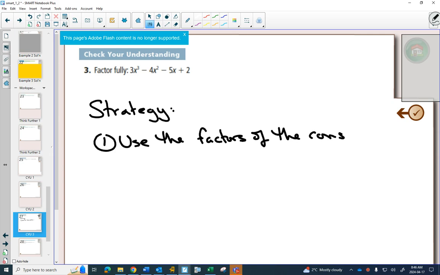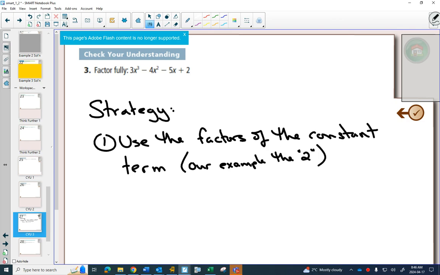I'm going to use proper mathematical terms here. So in our example, that's the 2. The constant term is the term without any x's. Use the factors of the constant term to find one factor.